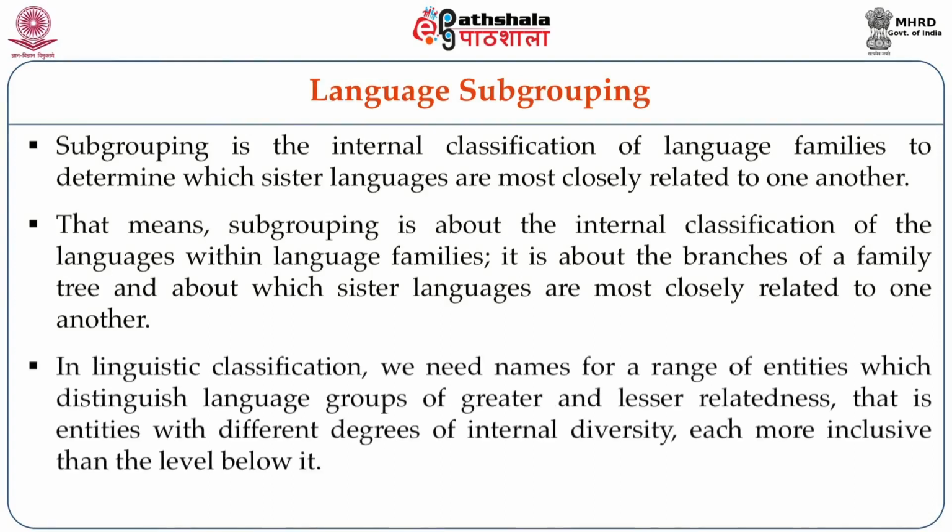In linguistic classification, we need names for a range of entities which distinguish language groups of greater and lesser relatedness. That is, entities with different degrees of internal diversity, each more inclusive than the level below it.